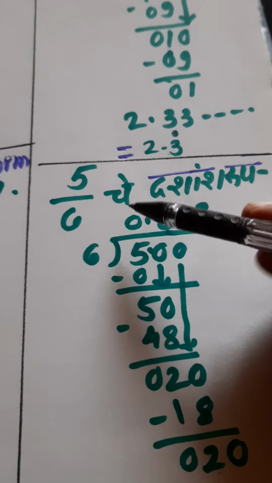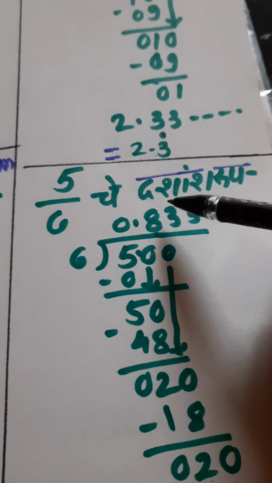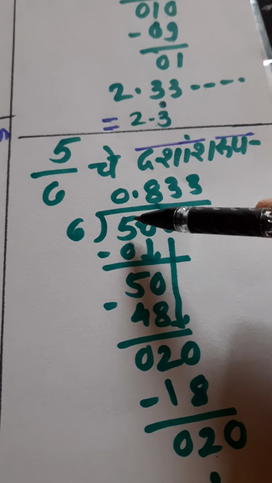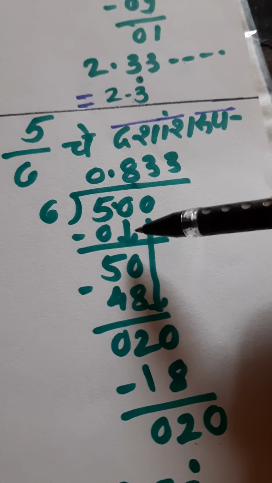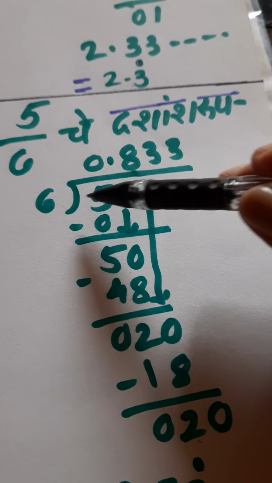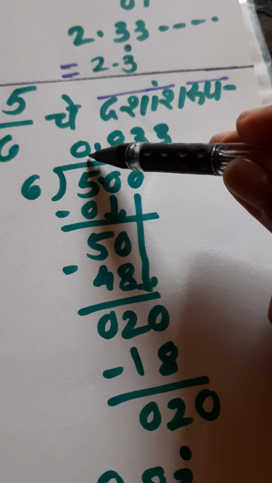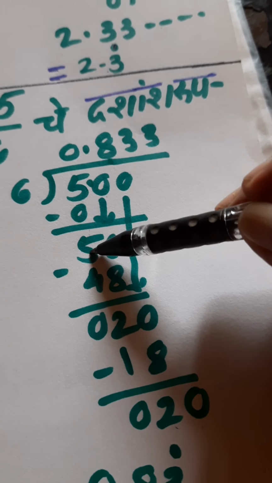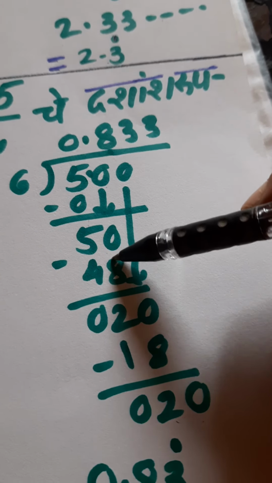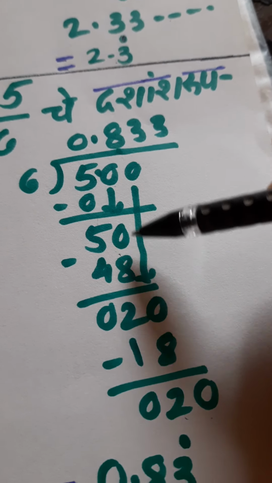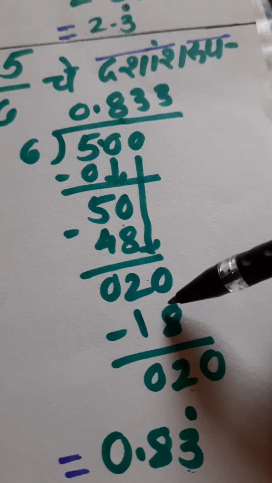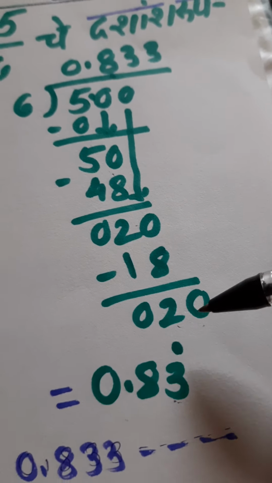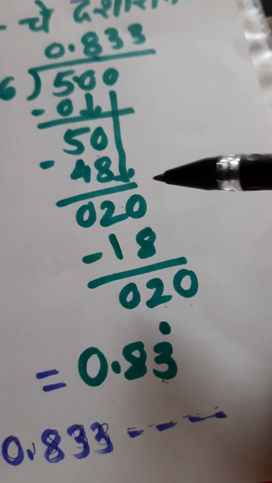The next example, 5 upon 6, decimal form of 5 upon 6, 5 divided by 6. 5 is smaller than 6, so we divide by 0, we get 0, take 0, 50 will form. 6 8s are 48, 2 remain, take 0, 20, 6 3s are 18, then 20, then 6 3s are 18.